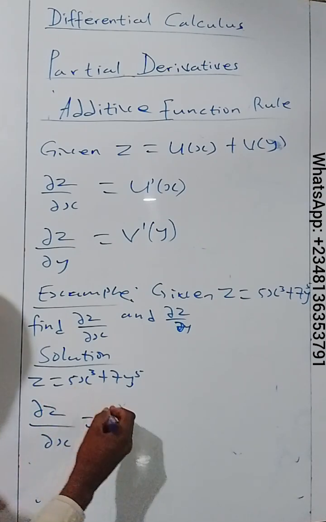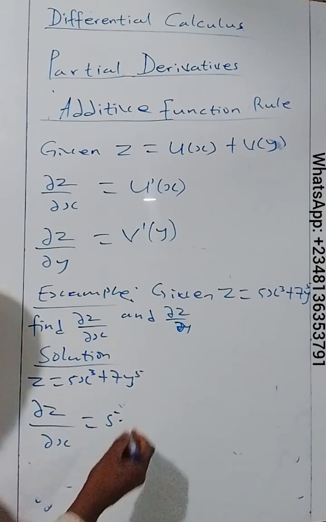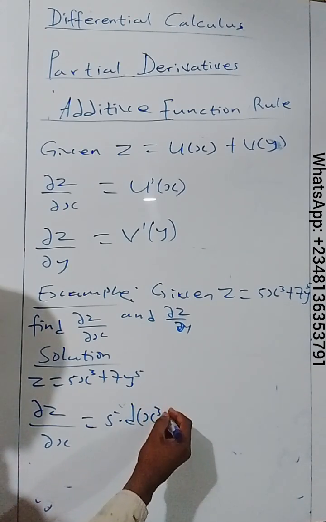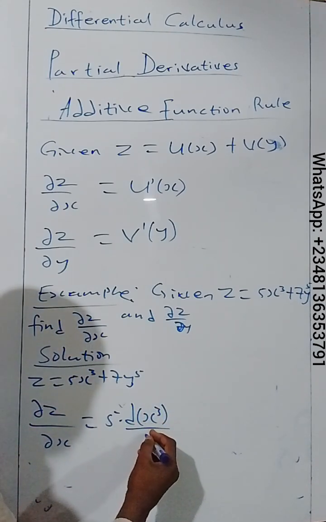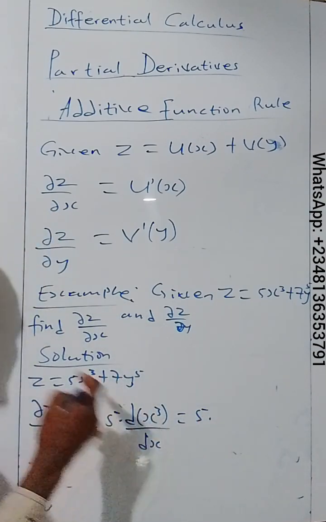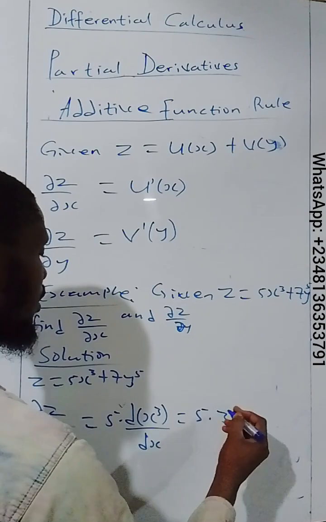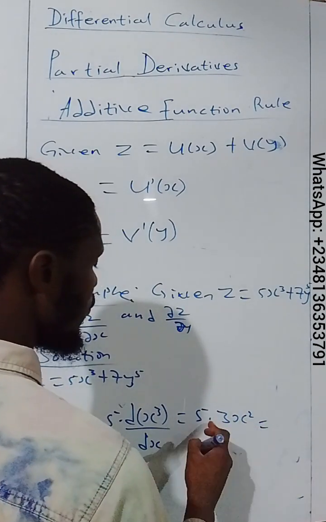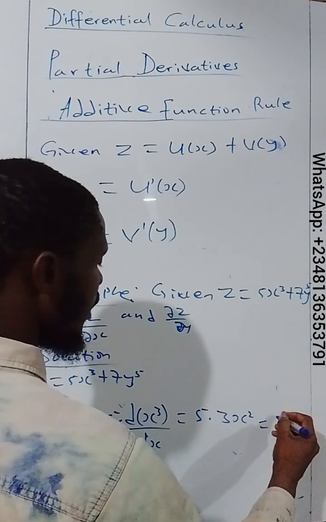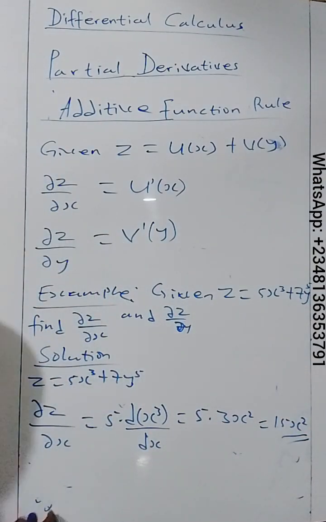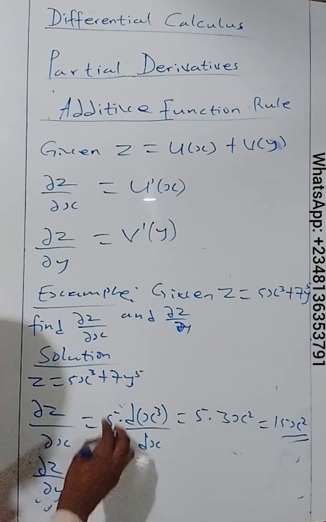We have 5, we can take out the constant, then we differentiate x raised to the power 3 with respect to x, which is equal to 5 multiplied by 3x squared, since differentiating x raised to the power 3 gives 3x squared. Then the answer equals 5 times 3x squared, that gives us 15x squared. This is the answer.